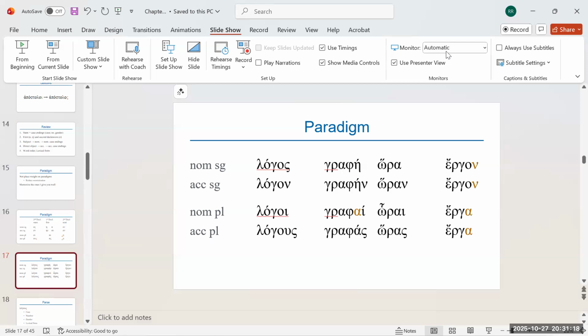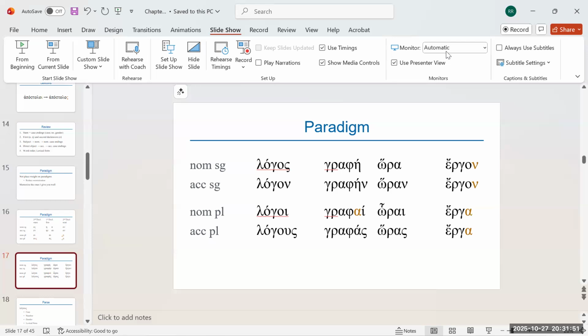Right? You can see the same thing for the third declension there, ergon. So here's something that you'll need to remember. You can see here that ergon in the nominative singular and the accusative singular have the same form because they end with a consonant.